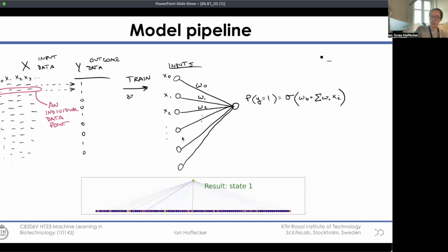And so what I've done here is illustrate this more graphically. We've drawn a little network here where each input variable is represented by a node. And we can imagine those nodes lighting up like they are down here according to their value. So imagine the activation on these nodes is the input data that's going in. And what's going to happen is these input values are going to be summed.